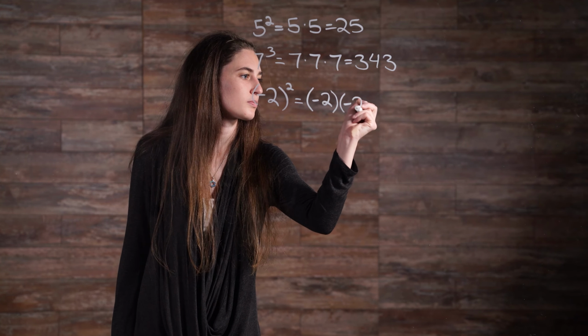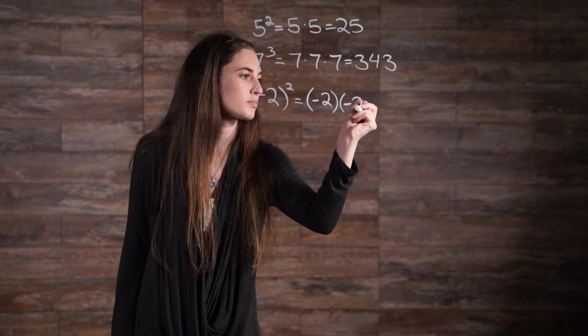But if we were to take the parentheses away and instead say -2 squared, then our answer would be -4. Why? Because the 2 is squared before the effects of the negative can take place. So we have 2 times 2 equals 4, and then the negative affects it.